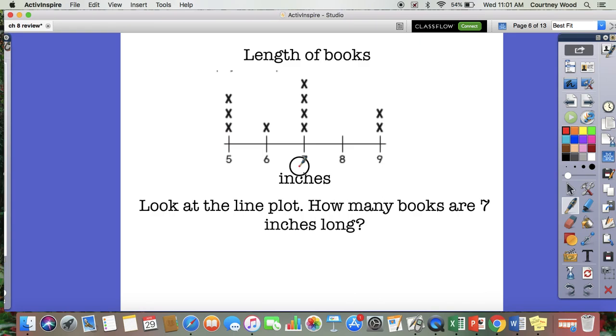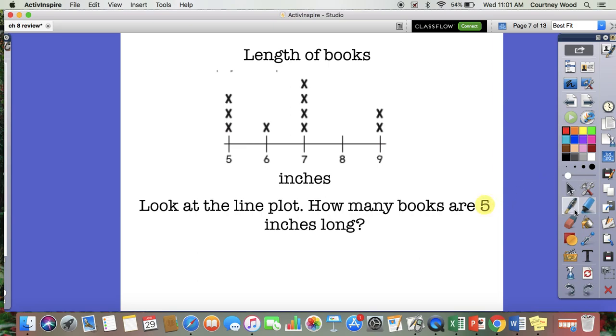Well, first, let's look under 7. And what are we going to count? Going to count my X's. So, how many books were 7 inches long? 4. Look at the question. I changed it. I changed my number here.